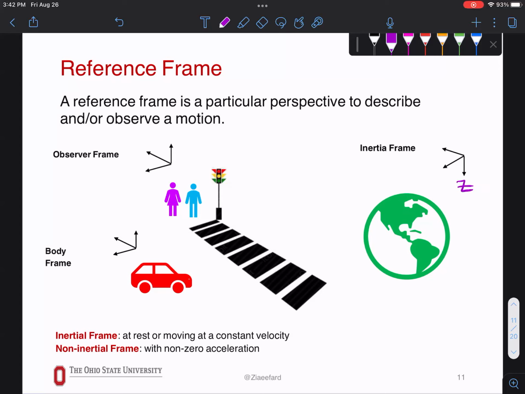Now, if Z is pointing down, which one of those is X, which one is Y? Call this closer to me, call that farther from me. Closer to me is X, because with Z pointing down, it has to go from X to Y.